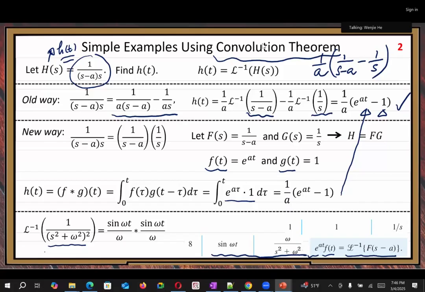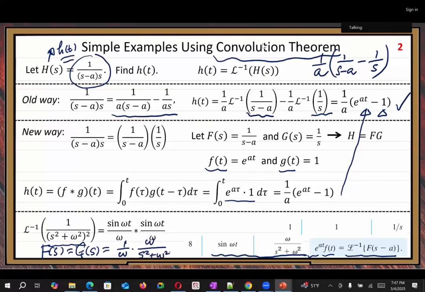Here, capital F and capital G, these two functions are the same function, equal to 1 over omega times omega over s squared plus omega squared.